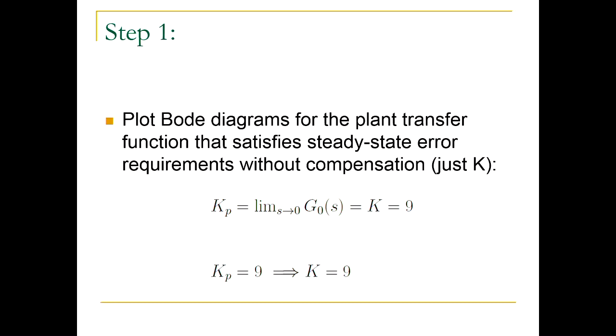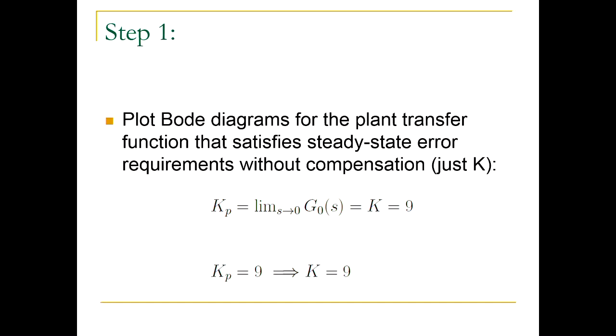So the first thing is to plot Bode diagrams for the plant transfer function that satisfies this steady state error requirement without compensation, so just K. Sorry, I think there's an s missing here. So the proportional constant would be equal to s times G(s), that's K, and what's required is 9 to achieve the steady state error.